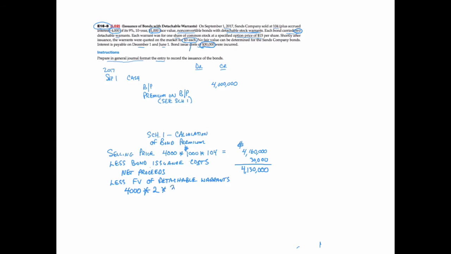So 4,000 times 2 is 8,000, times 3 is 24,000, and that's going to leave us with 4,106,000 net proceeds to bonds.